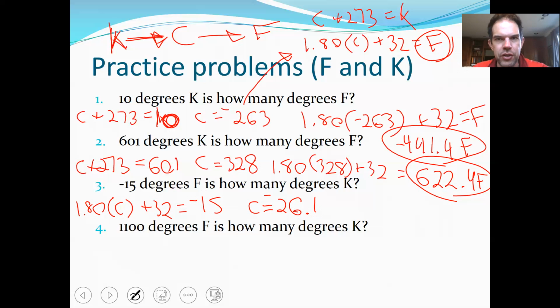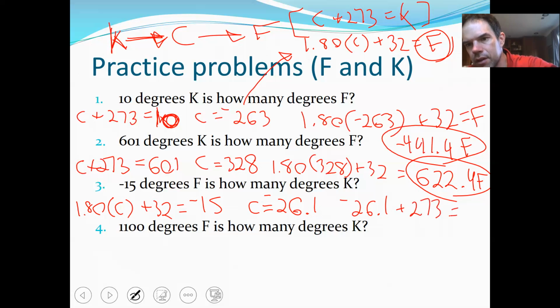Now we're going to go and put in the other equation. Okay, so our other equation is Celsius plus 273 equals Kelvin. So the Celsius is negative 26.1 plus 273. Let's see what that equals.